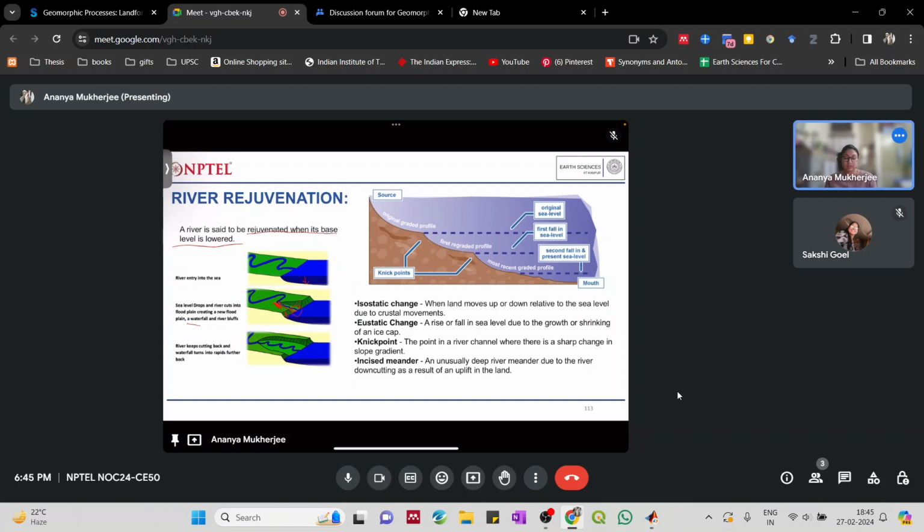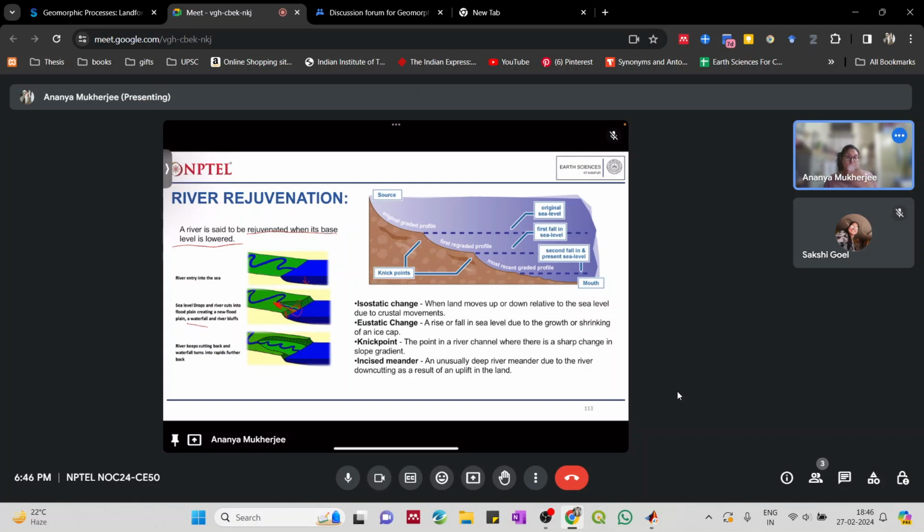Because this area is getting eroded much faster compared to this area, this keeps shifting back. So the point where the channel slope is increasing and more erosion is happening keeps shifting back. You can see over here that the river keeps cutting back and the waterfall then turns into rapids further back. So this is a kind of a plan view of how river rejuvenation can happen.